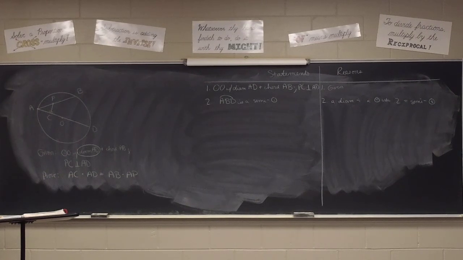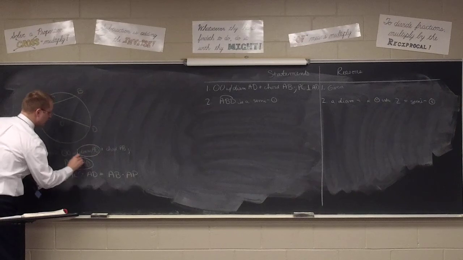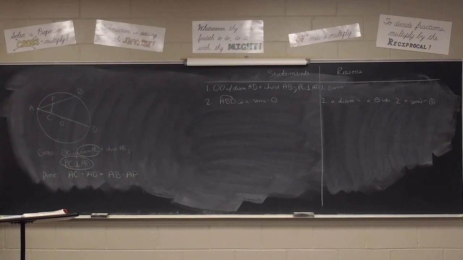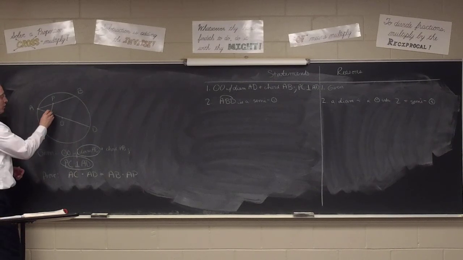Great call there, Chris. What's the more obvious claim, though? Quentin? Perpendicular. In Genesis, what's the claim response to perpendicular? Equal segments? Not necessarily. Claim response. Right angles, right? So I'm going to go ahead and number this angle 1 and this angle 2.